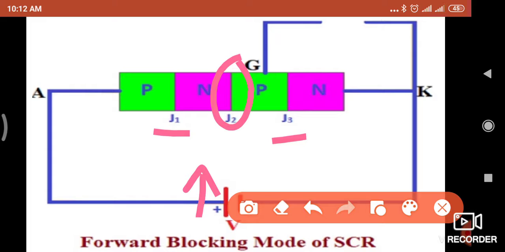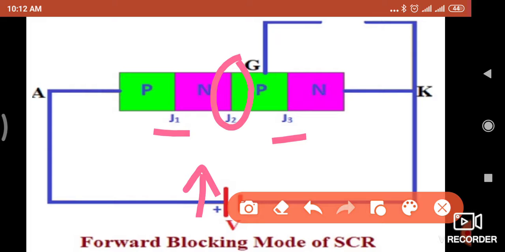But one point we have to discuss is that once you apply that high voltage, the SCR may be damaged. Once this avalanche occurs and J2 is opened, it is mostly not used as a turn-on method.